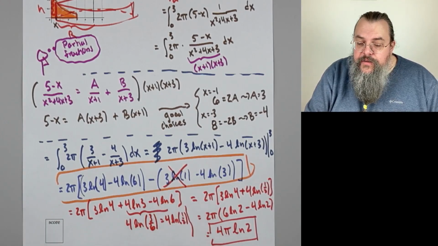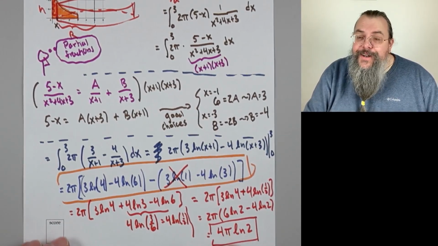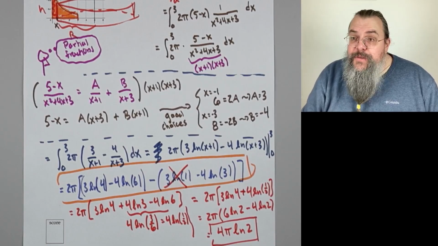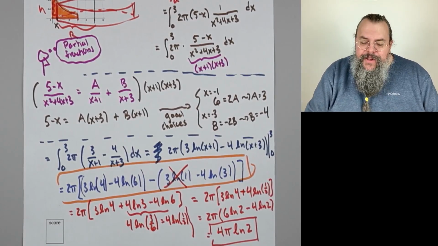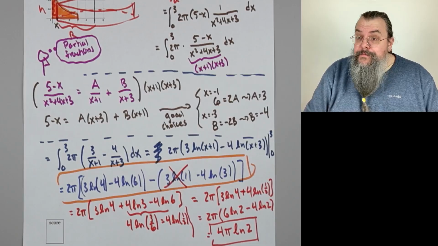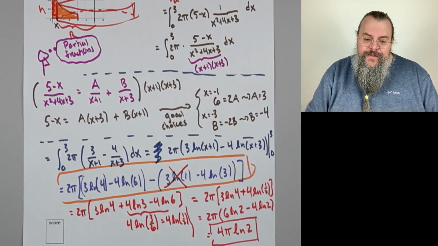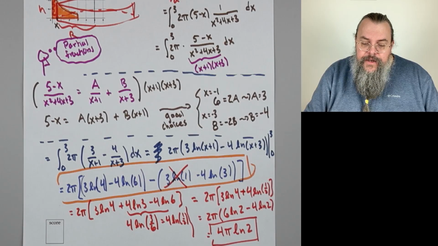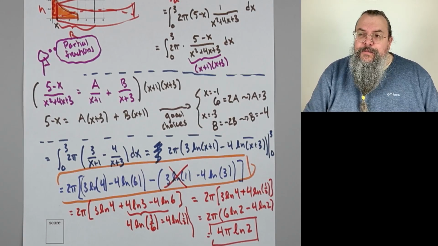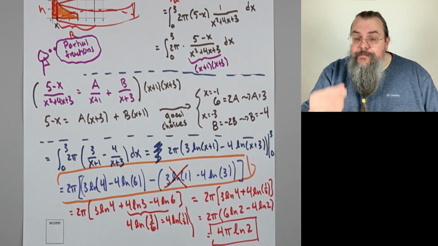It doesn't say simplify as much as possible. But of course, this looks prettier. And you know, math should be beautiful. You may not believe that all the time when you see some of these answers. 4 pi log 2 is beautiful? Yeah, I think so. It's a lovely answer. Whew, that one was a bit of a workout, but we made it, and let's keep going.